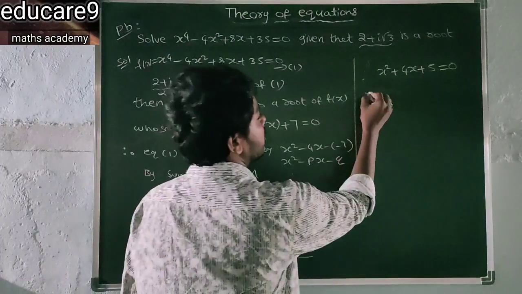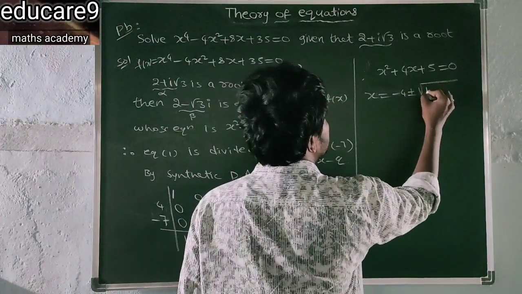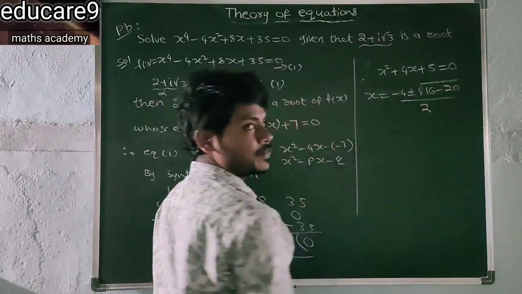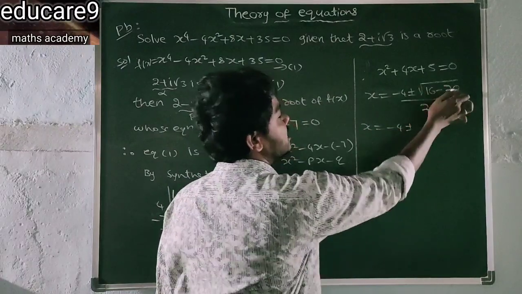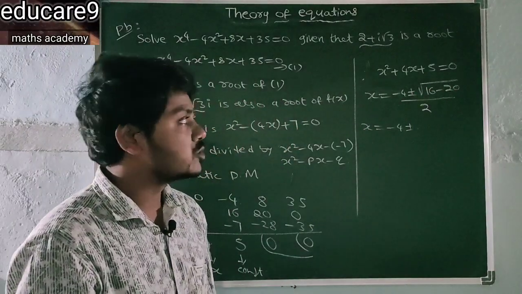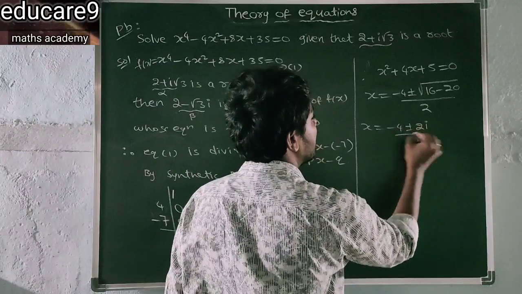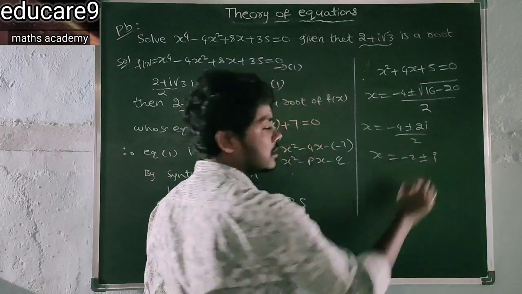Now clearly x is equal to minus b, minus 4 plus or minus root of b square, 16 minus 20, by 2. So we will get minus 4 plus or minus 2i by 2. So x is equal to minus 2 plus or minus i.